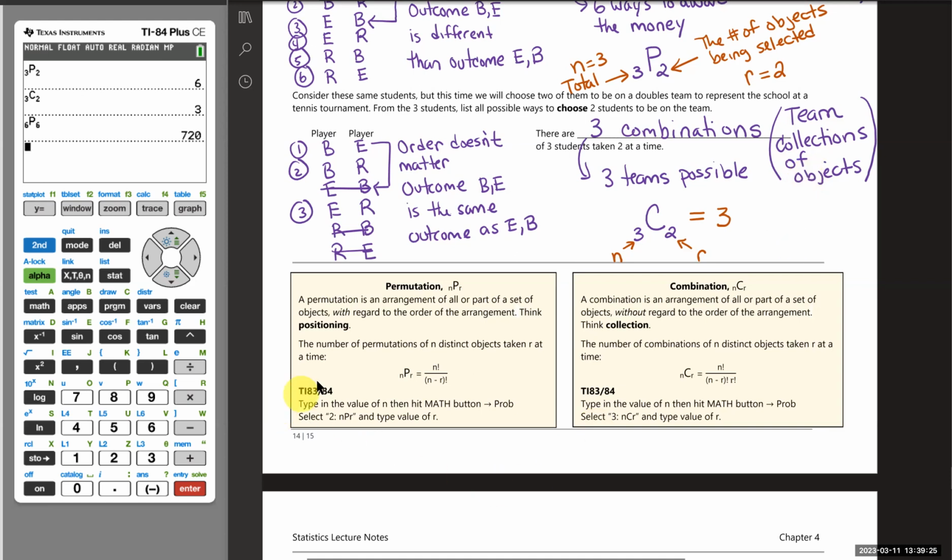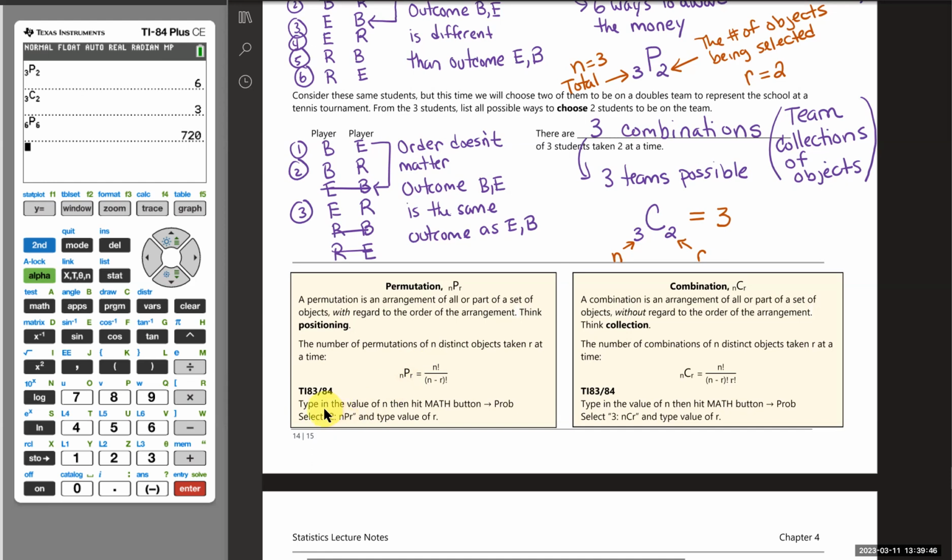We are going to use technology, a TI-83 or 84, like we showed there. I did in the notes just put the two formulas for permutations and combinations. So we could do these formulas by hand, but we will take advantage of technology. And you're welcome to check out the formulas if you would like.